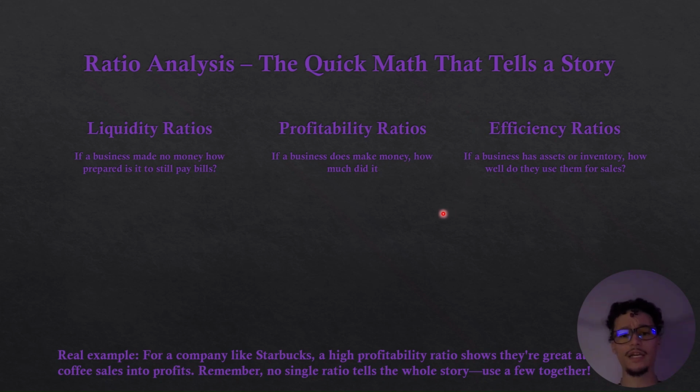But a real example would be a company like Starbucks: a high profitability ratio shows that they're great and their coffee sales are boosting through the charts, essentially showing you that you don't have to worry about their profits because their profits are strong.